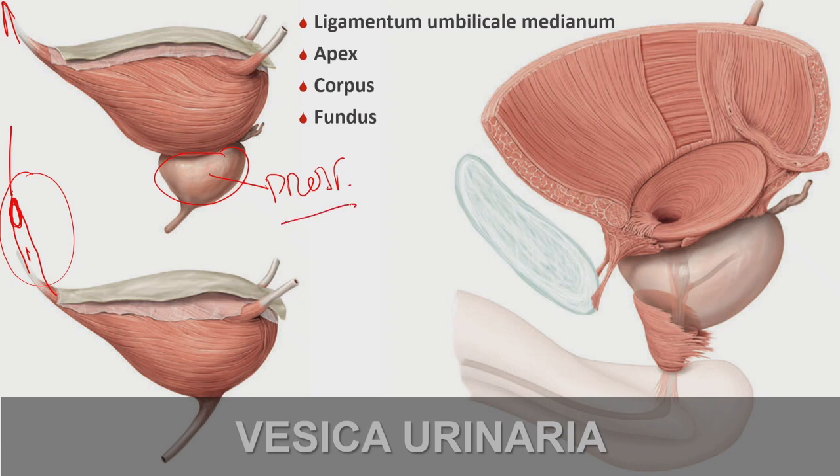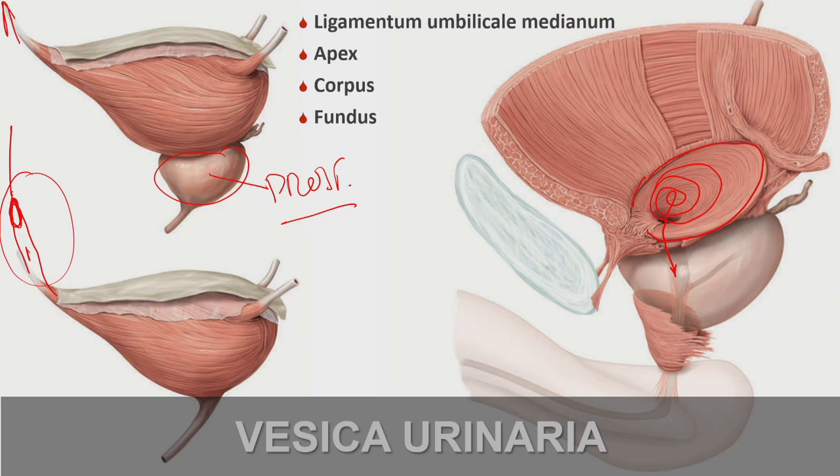The wall of the urinary bladder is made from 3 layers of muscles, and you can see the arrangement of the muscles; at the bottom we can see this conic structure, which is the sphincter of the urinary bladder.